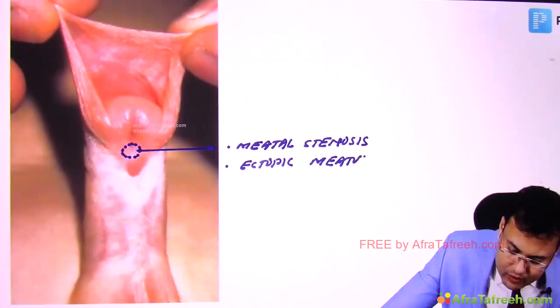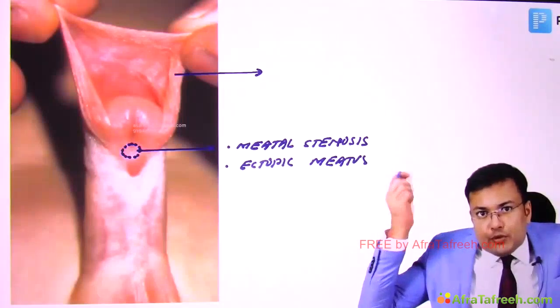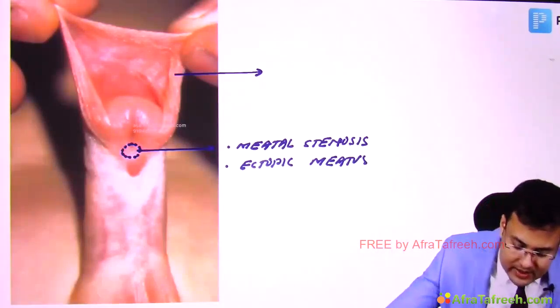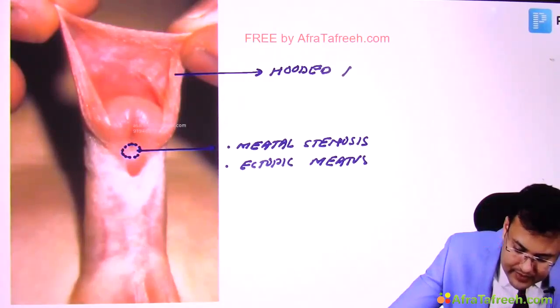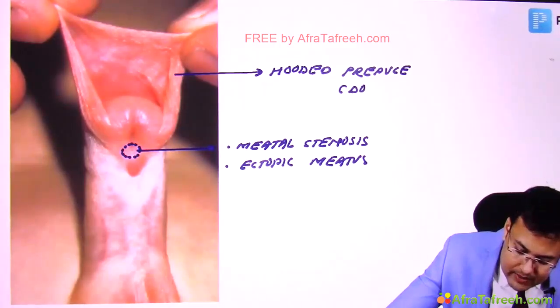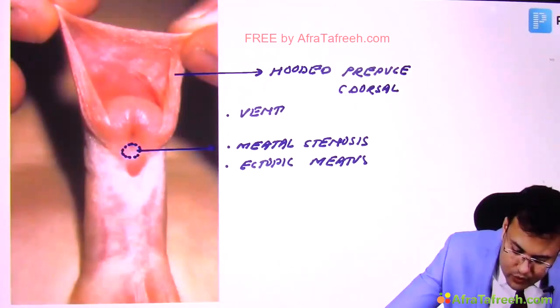Right? What you can see, it is like a hood. So this is hooded prepuce present over which aspect? Dorsal aspect. So there is hooded prepuce. There is presence of ventral chordae.